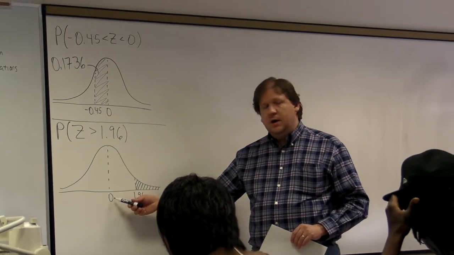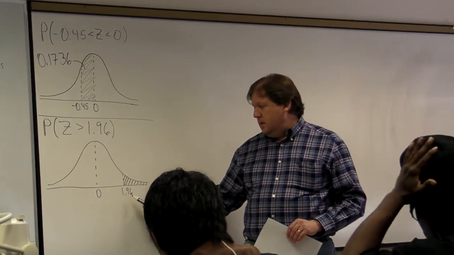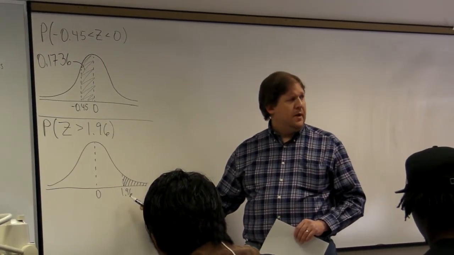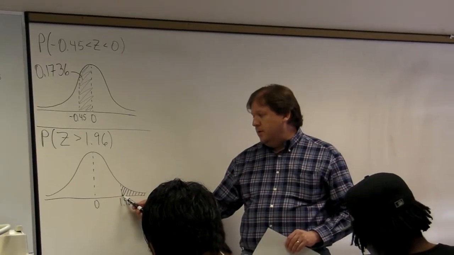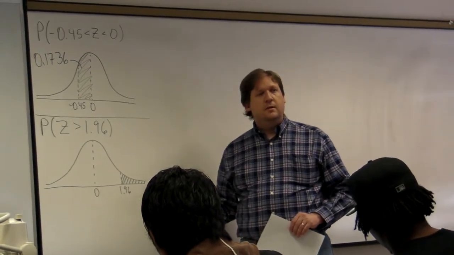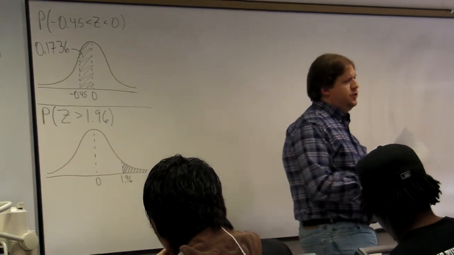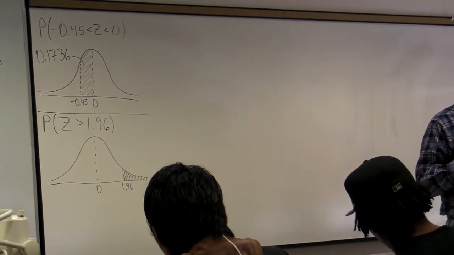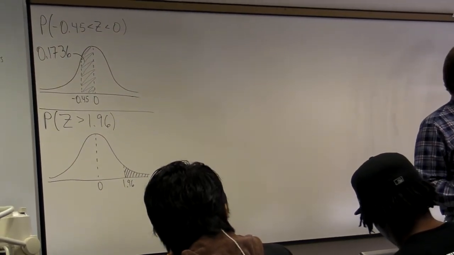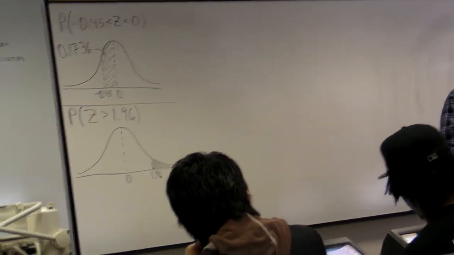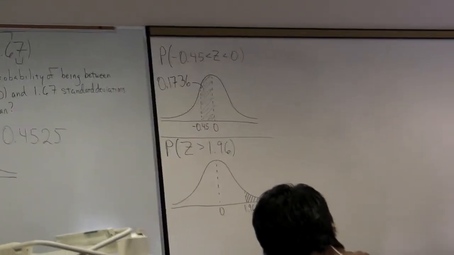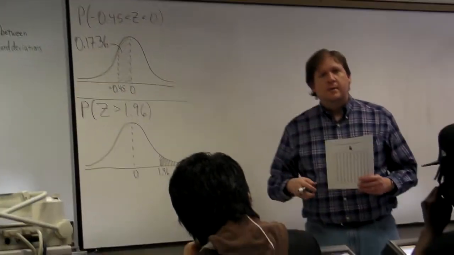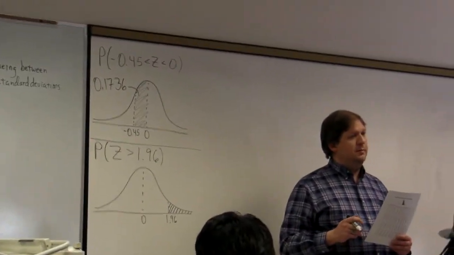So here's 0, our central tendency. Here's 1.96, somewhere above it. And we're looking at the probability from 1.96 and above. Now, your chart doesn't give you this upper tail region, which is what I'm looking for here. Our chart only gives us the area between 0 and a z-score.